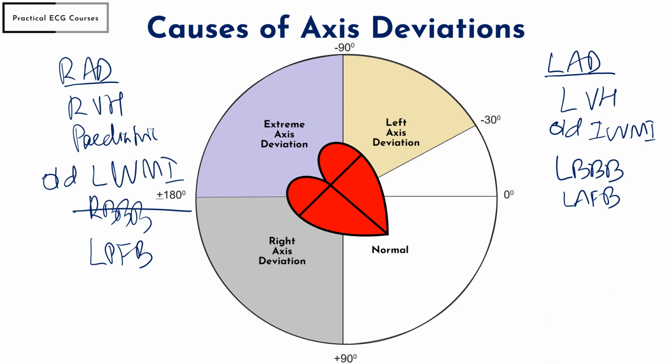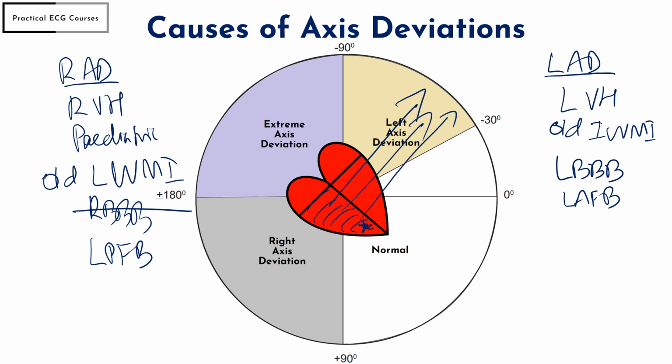What happens when you have a paced rhythm and the pacing electrode is placed in the right ventricle? The right side of the ventricle gets depolarized first, and then the left side of the ventricle gets depolarized. So this is similar to a left bundle branch block, because once the right side gets depolarized, it sends impulses onto the left side.